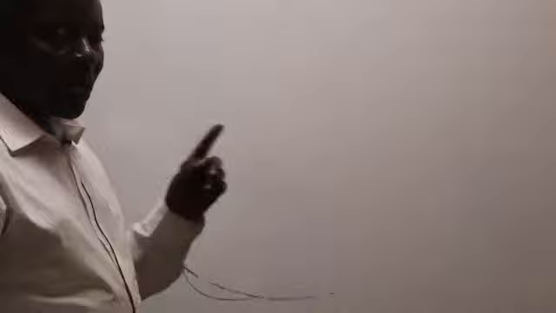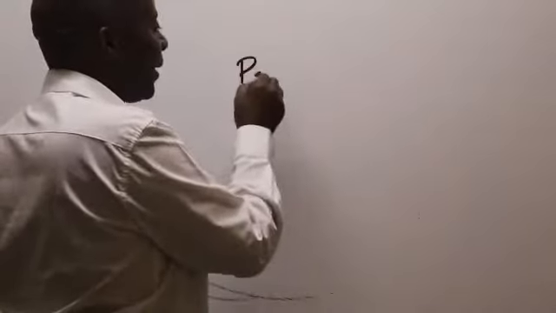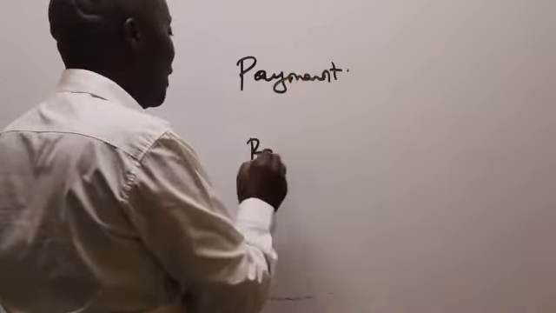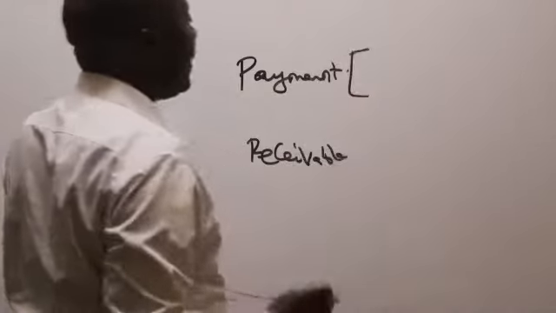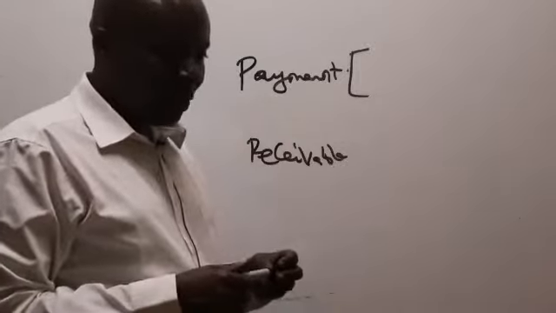So it depends, ladies and gentlemen, on what you are doing with the home currency. Remember here, if, for example, I want to buy a car, if it's a payment, what do we do?